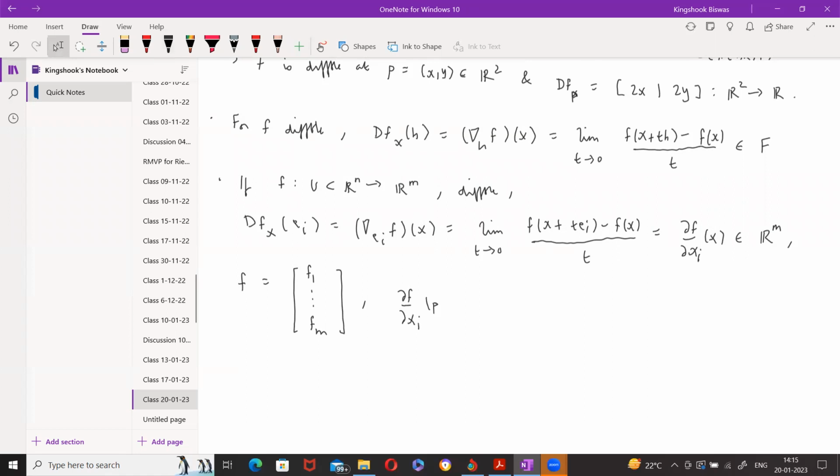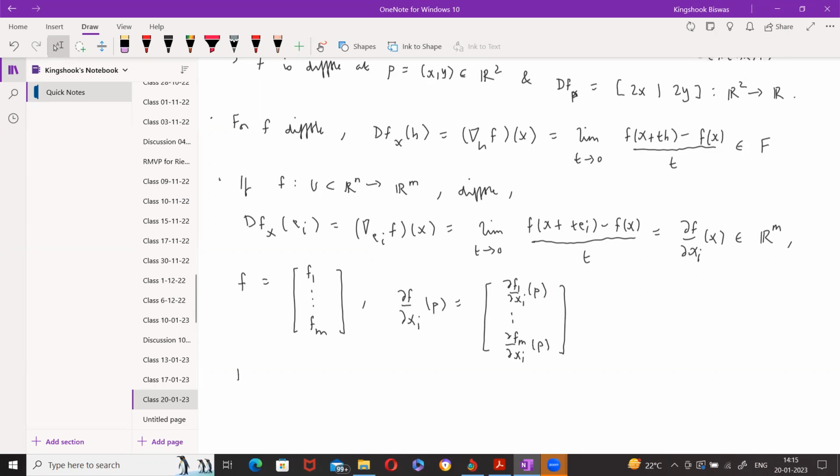At a point P, this is going to be equal to del f1 del x_i at P, which is a scalar, up to del fm del x_i at P.